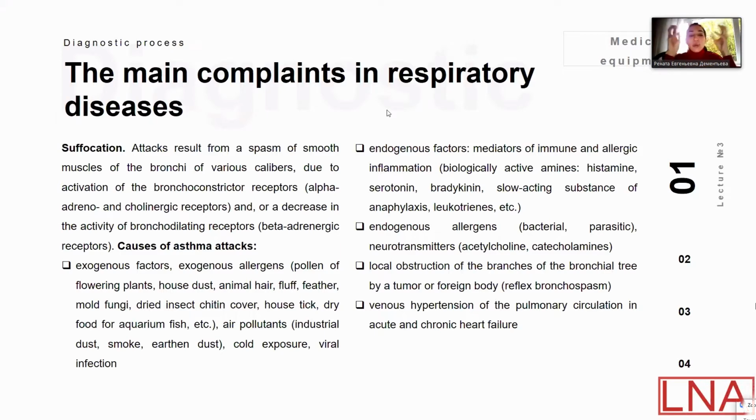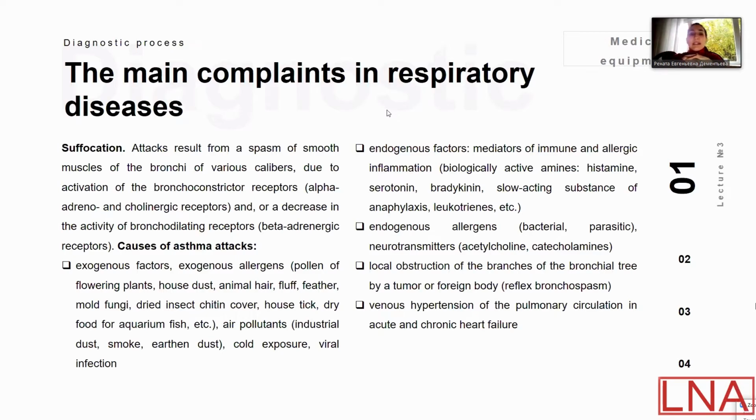All air pollutants like industrial dust, smoking, active and passive, earthen dust, cold exposure, cold weather outside can be external types of allergens, and viral infection also. So the first group is exogenous factors, exogenous allergens.